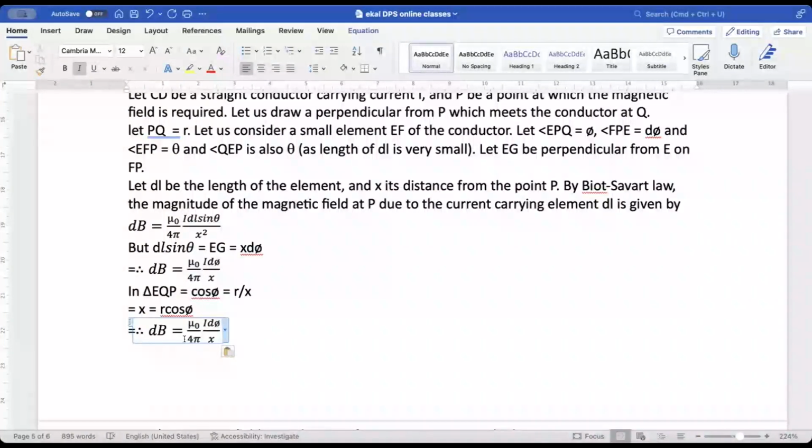So in place of x, we will write here I cos phi d phi upon r. Clear? x is r cos phi.